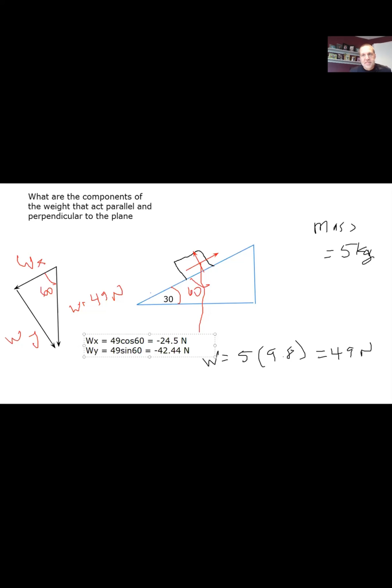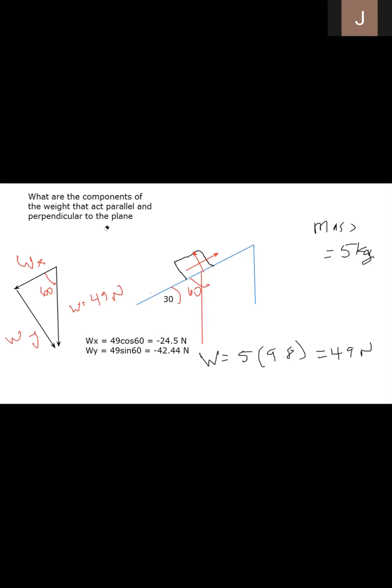Does that make sense? How did you get 60? I know that's pretty ugly looking. So if I draw that line straight down there, that's our weight. You see this little triangle?